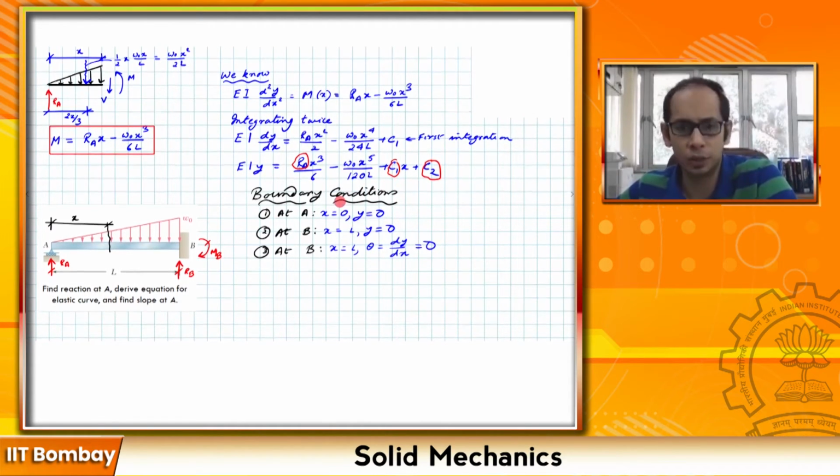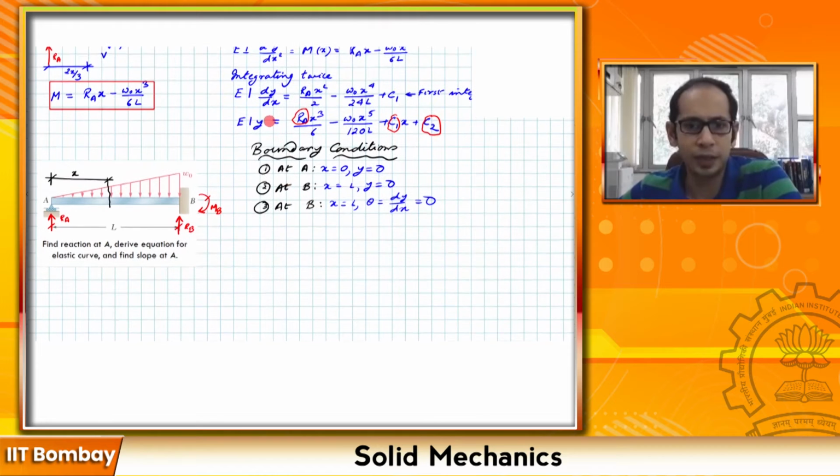So you can mix and match and play around with it and find out the values of Ra, C1 and C2. So I will go ahead and write the values that we get over here. Remember, you have to use both these equations over here because you have an expression for the slope. So you can go ahead and try that out. I'm going to write the final expressions for Ra and C1 and C2.